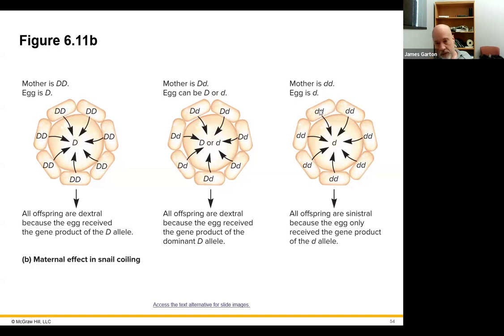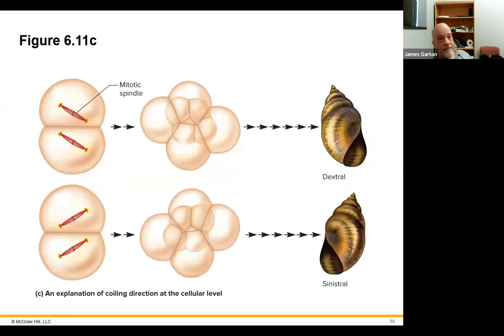And if she is homozygous for little d, the developing egg will accumulate only the protein product from little d, and so all the offspring will be sinistral. And so that is basically the way that snail embryogenesis happens. It has a fairly peculiar kind of division in the embryonic cells.